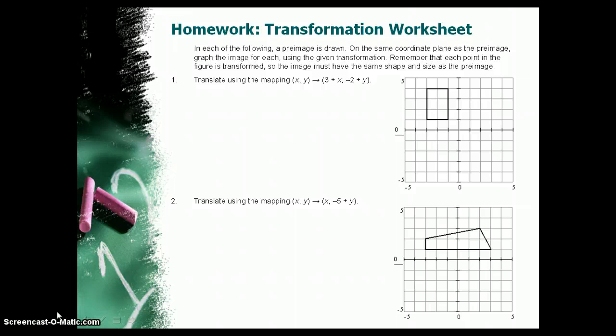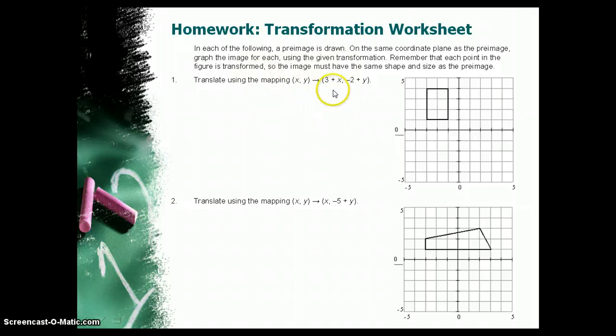Okay, so the first 2 questions dealt with translations and using coordinate notation to map these figures. Question 1, we're taking a rectangle and we are going to move it to its new location. Now if you notice here, the notation on this worksheet is a little different than what we talked about in class. The x-coordinate and the y-coordinate are on the opposite side of the number value.